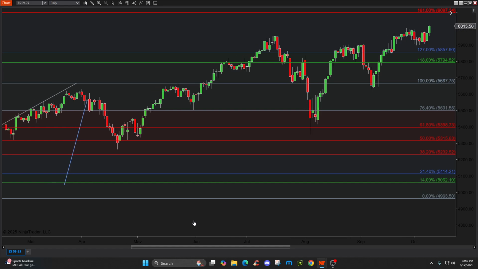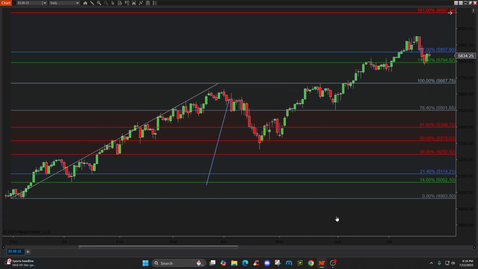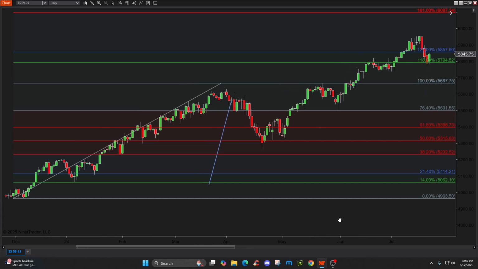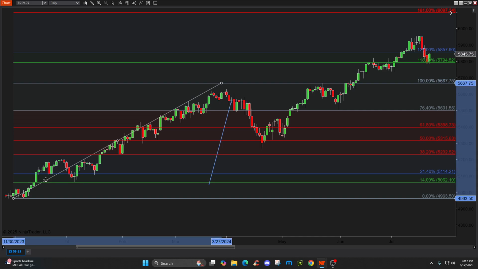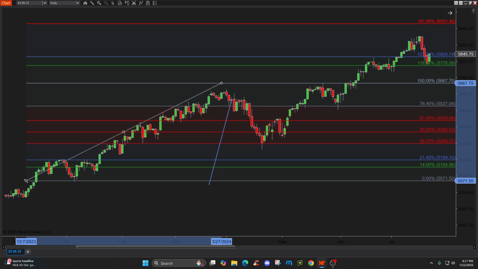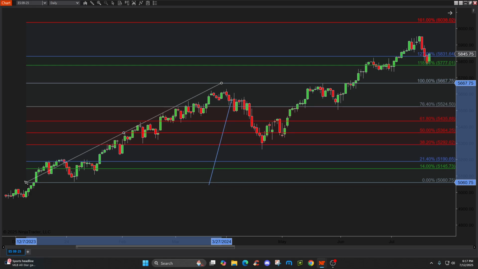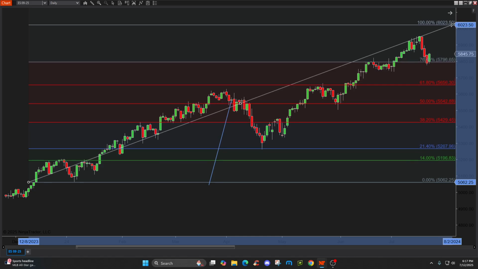So now we have to find our lowest low inside the Fibonacci. And unfortunately, that only moves us up to here. And I'm running out of screen.